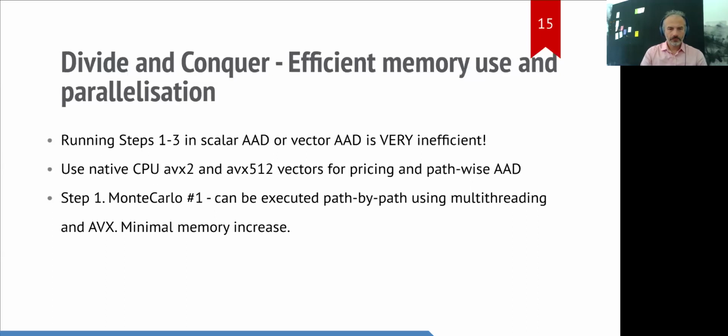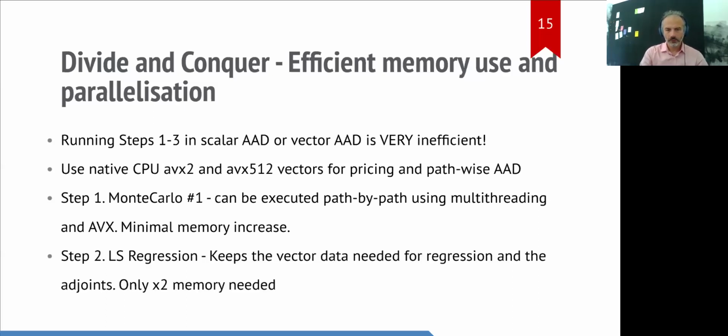So, like discussed before, Monte Carlo 1 can be executed path by path using multi-threading and AVX as normal, with only minimal memory increase due to AAD. Step 2 is executed as normal, but when we compute the adjoint of the LS regression, we also need adjoints for all the vector data, and this yields a twofold memory increase for this step.